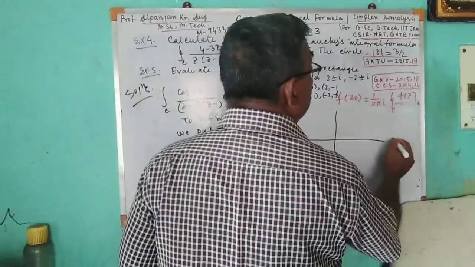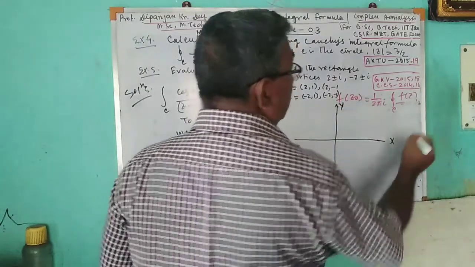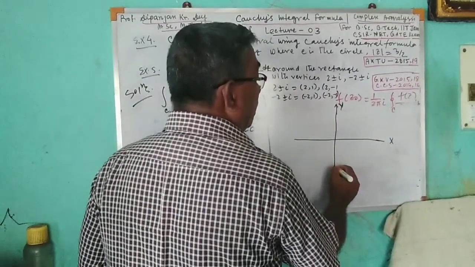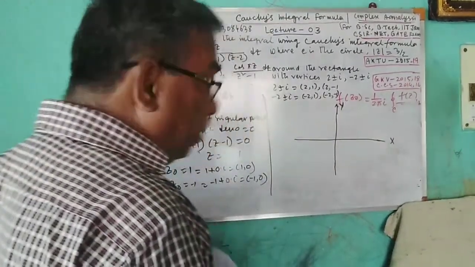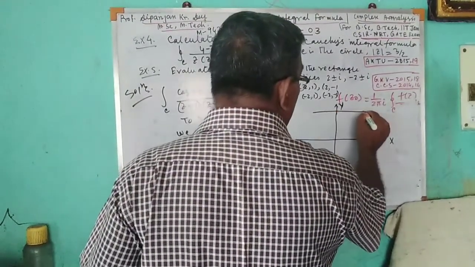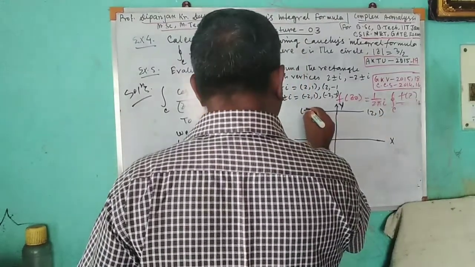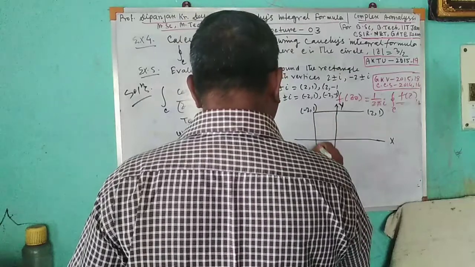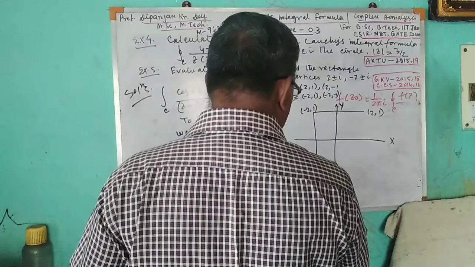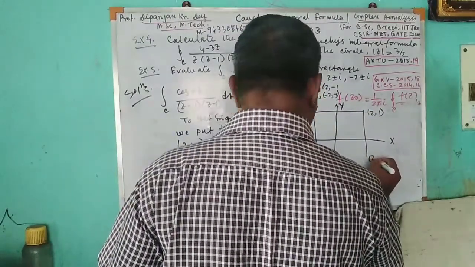So this is the x axis, this is the y axis, that is, the real axis, and the y axis is known as the complex axis, that is, the imaginary axis. Suppose this is 2 comma 1, this is minus 2 comma 1, this point is minus 2 comma minus 1, and this point is 2 comma minus 1.